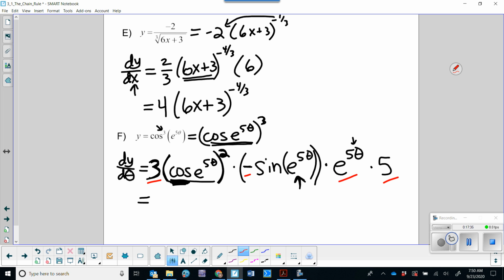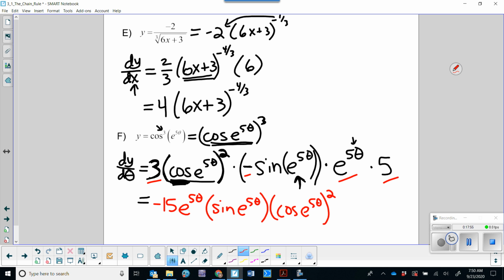I'm going to put all those in front. So that'll be negative 15 e to the 5 theta times, and it doesn't really matter, I'll write sine of e to the 5 theta first and the power 1 second. It doesn't make any difference which order those are in. Okay, and then there you go, that's the answer.